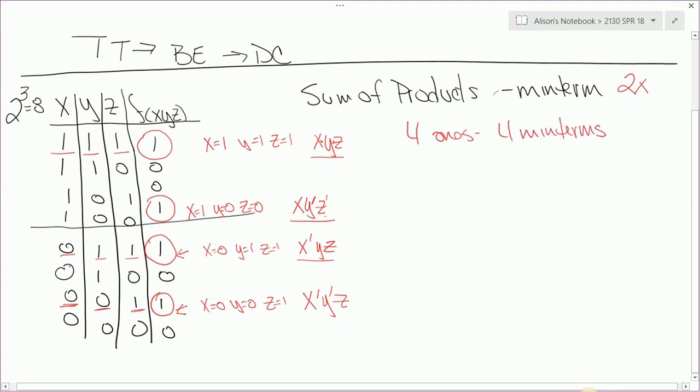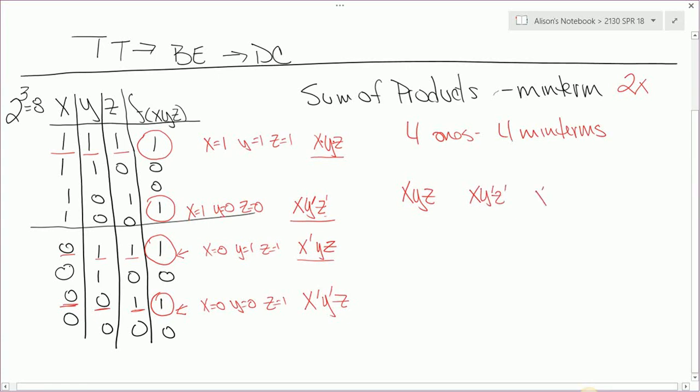That means that I should have 4 minterms. So I'm going to find the combination of x, y, and z that is generating the 1 in that output column. And what we're talking about is the sum of products. So as you might guess, I am going to sum all of the minterms together. The first minterm is x, y, and z. The second minterm is x, y naught, z naught.